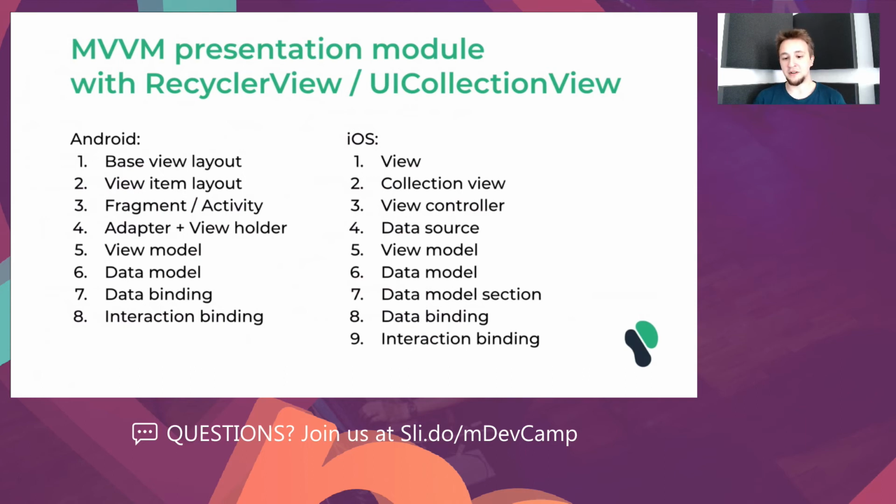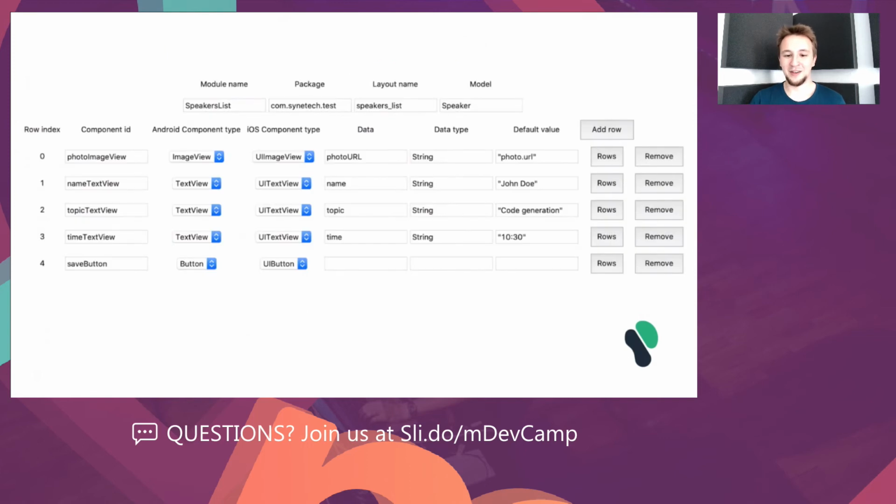Those are the things we are going to generate with our last example, and the input might look like this. The individual rows represent the views contained in the view items and cells, the UI collection view cells. I hope this is again pretty self-explanatory. If not, feel free to ask.